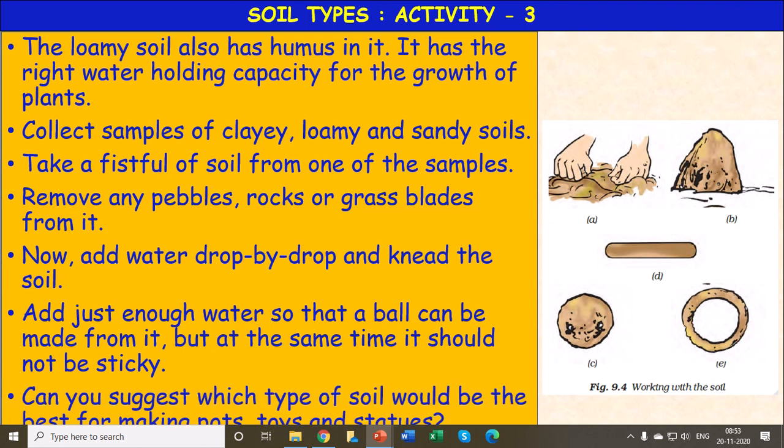Can you suggest which type of soil would be the best for making pots, toys and statues? Obviously clayey soil.